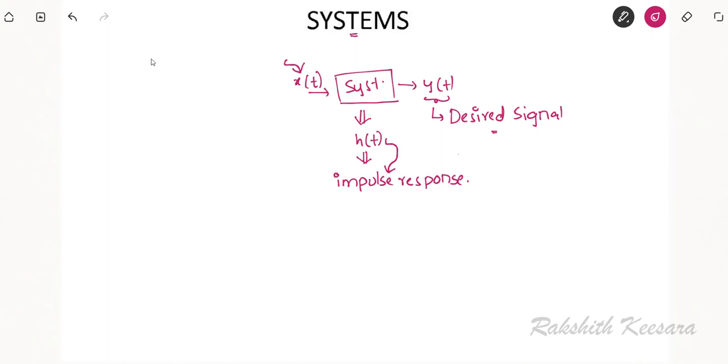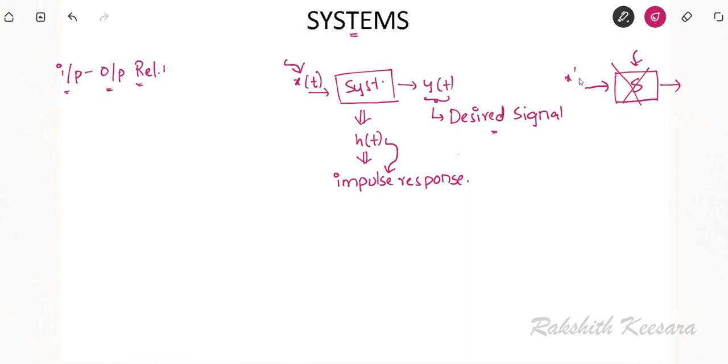Next, we can also represent a system by using its input-output relationship. There is a system. Here, I am only interested in relationship between input and output. I am not interested in the components of system.